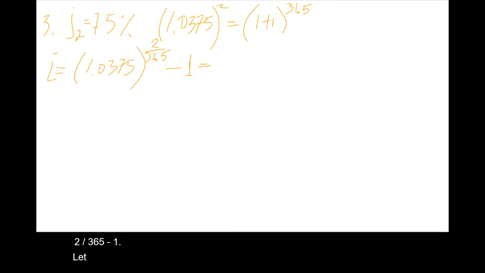Let me calculate that. 0.000201741, and J365 is 7.3635%. Do you have the same answer, guys?